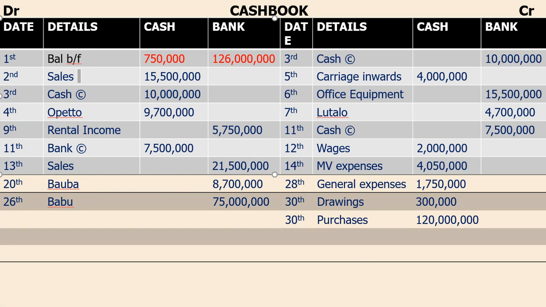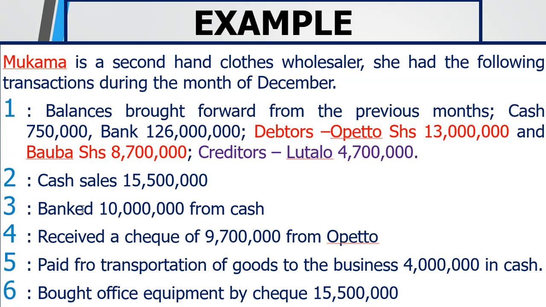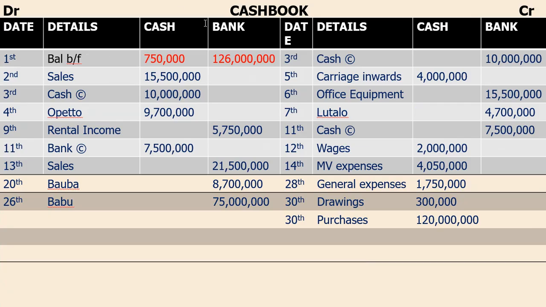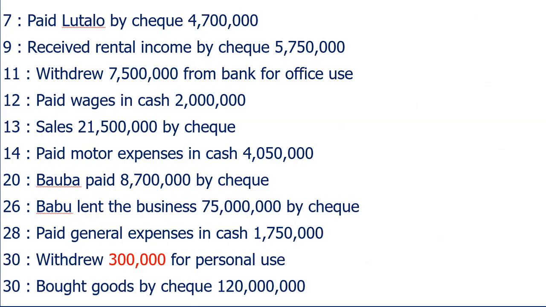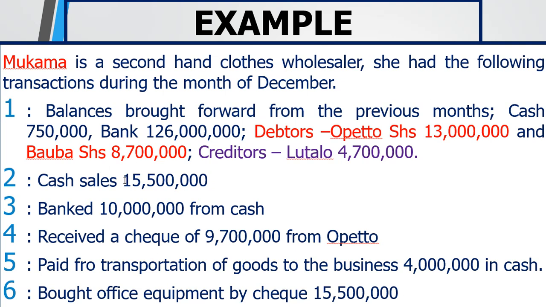Now, let us go to transactions that happened on second. Cash sales of 15.5 millions. Mukama sold goods on cash basis worth 15.5 millions. That happened on second. Therefore, we received the cash. Here, received cash.